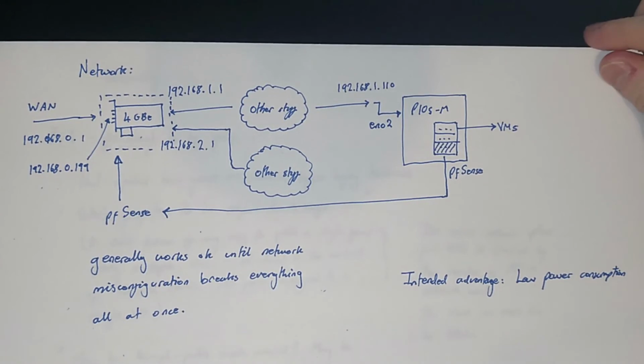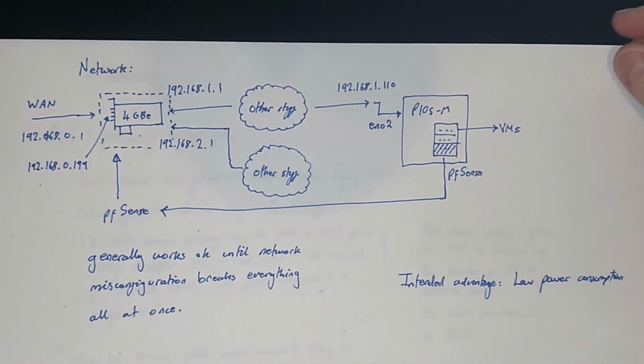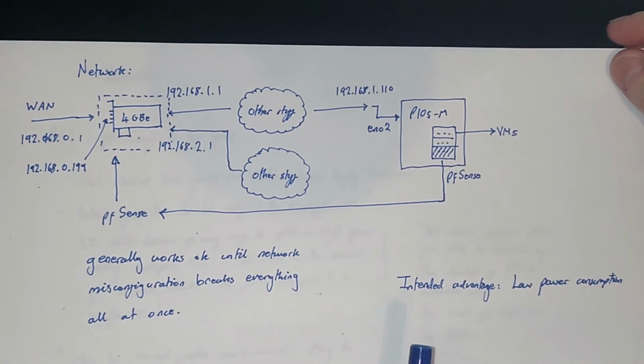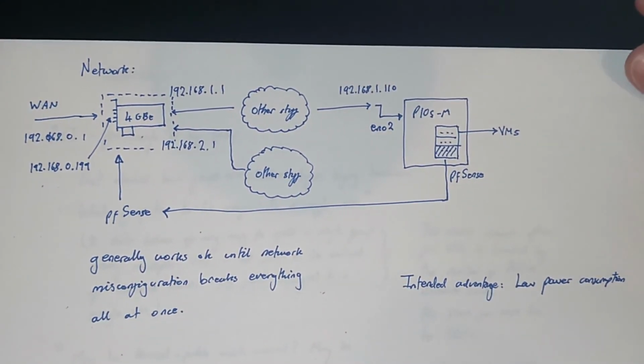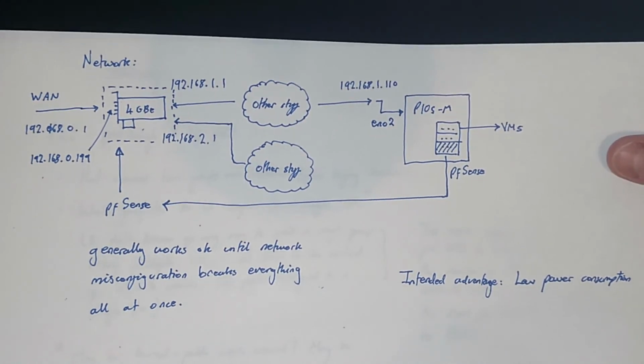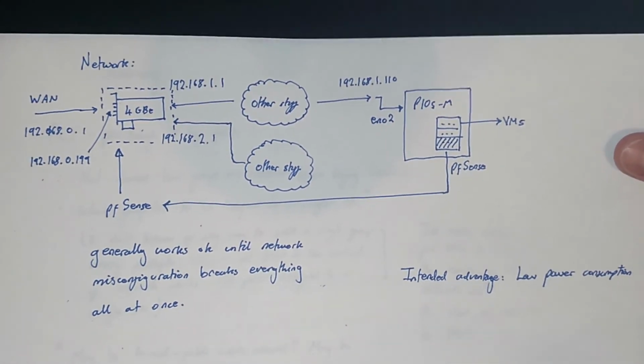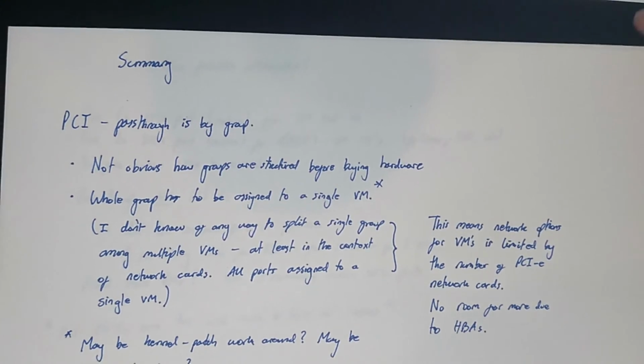So like I say, it generally works okay until there's a network misconfiguration, and then everything breaks. And the intended advantage of this was low power consumption because everything's contained on one system with a 25 watt CPU, so it's supposed to be energy efficient, but unfortunately it just doesn't work very well.